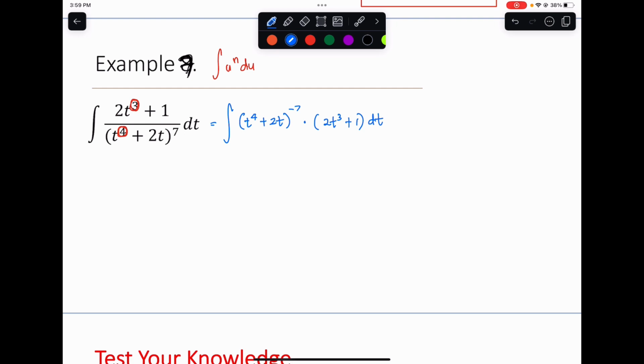So you have u raised to n, multiplied with du. But let's try to check. Our u here will be t raised to 4 plus 2t. So we derive it, and we have 4t cubed, then plus 2, multiplied with dt. So 4t cubed plus the derivative of 2t, which is 2, multiplied with dt.